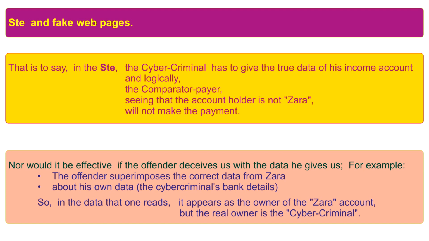Nor would it be effective if the offender deceives us with the data he gives us. For example, the offender superimposes the correct data from Zara over the cybercriminal's own bank details. So, in the data that one reads, it appears as the owner of the Zara account, but the real owner is the cybercriminal.